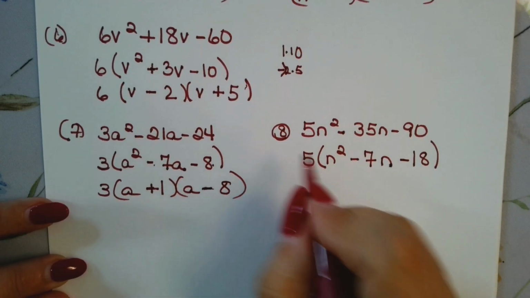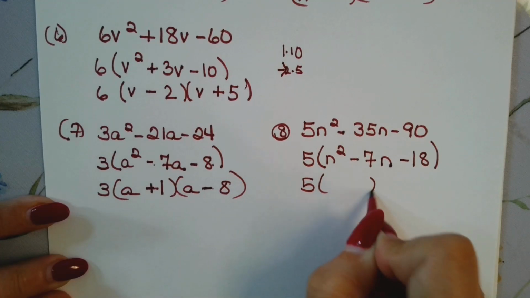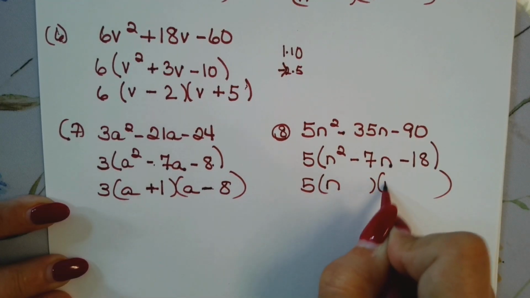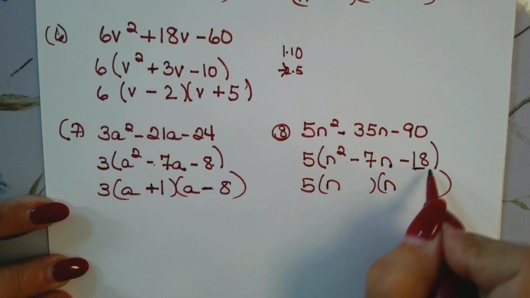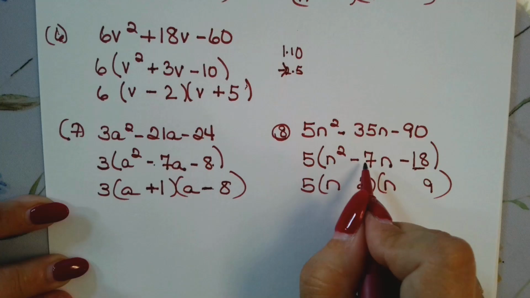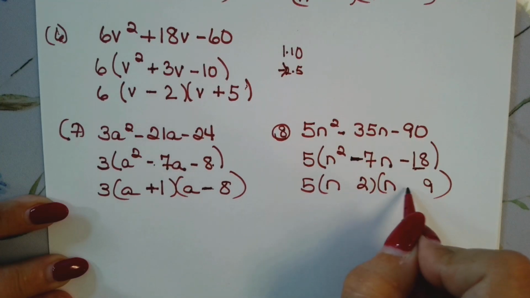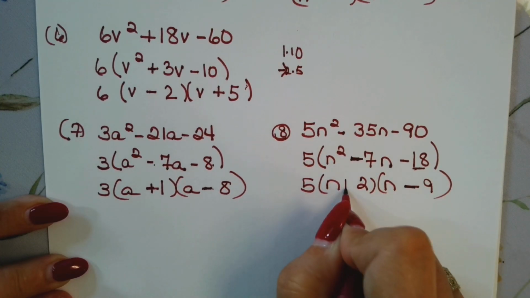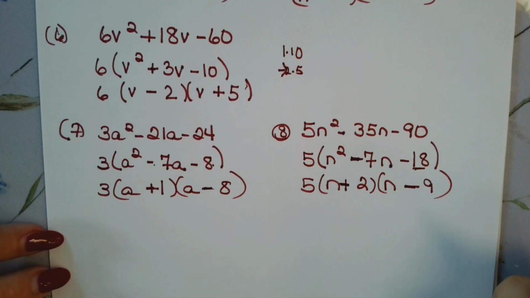Okay, and we're going to factor this. N and n. Factors of 18 that give me a 7. Let's try 9 and 2. This is negative 7, therefore the 9 will be negative and the 2 will be positive.